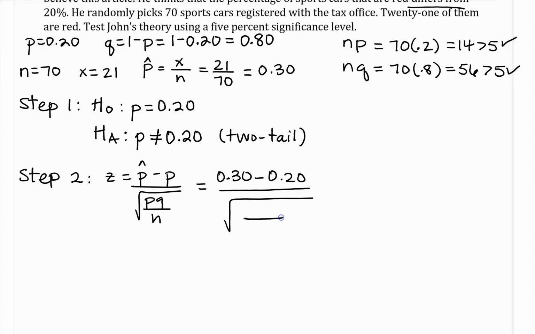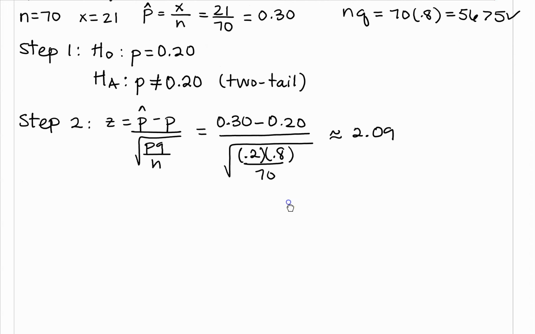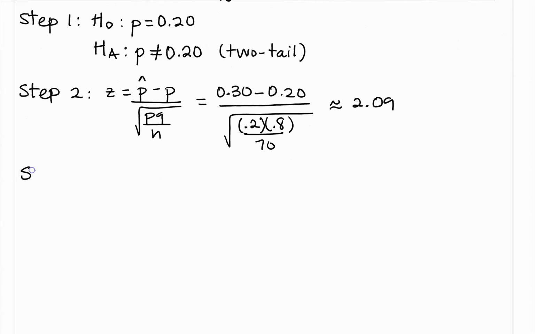In the numerator of the fraction that's under that square root, we're multiplying P and Q. So we're multiplying 0.2 and 0.8. That is our P and our Q. And then we are dividing by our N, which is 70. We will round our test statistic to 2 decimal places to get approximately 2.09. So we have our test statistic.